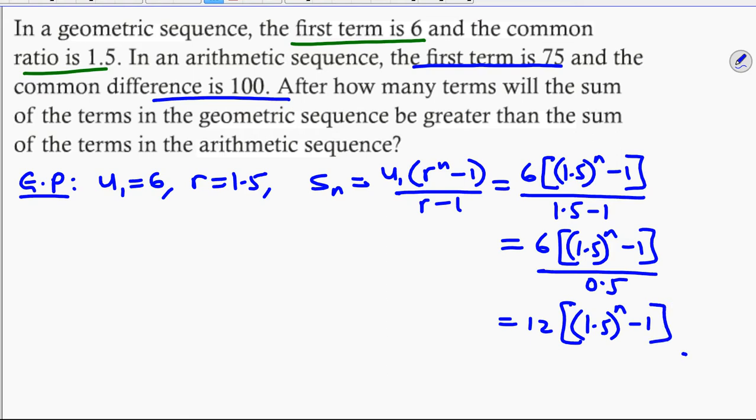I'm just simplifying because I can, but it's not necessary in the exam unless you're asked to.